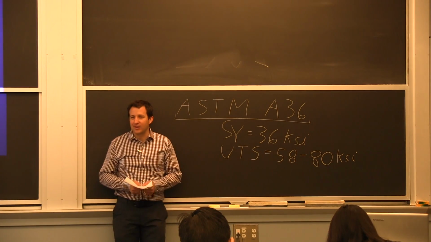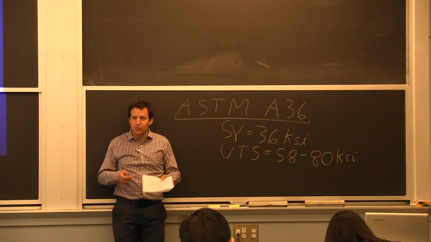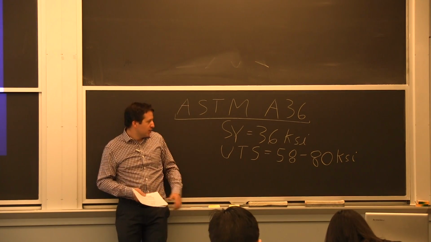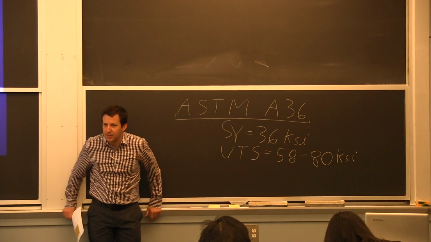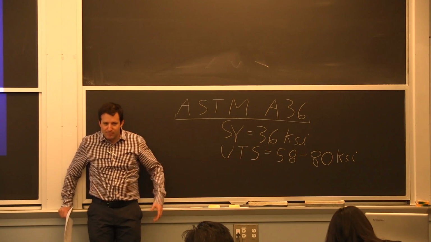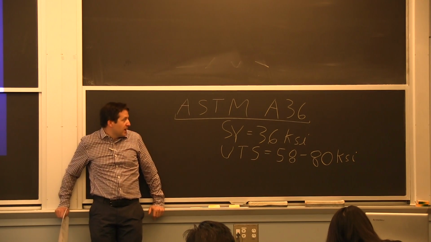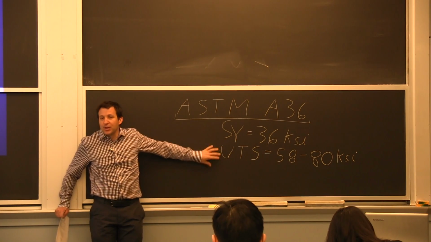It's not that hard, through the selection of the grain size, through the rolling process, to control your yield strength within about 5–10%. So when you see that range, it means a lot of the time the A36 steel will be a lot stronger than the minimum.